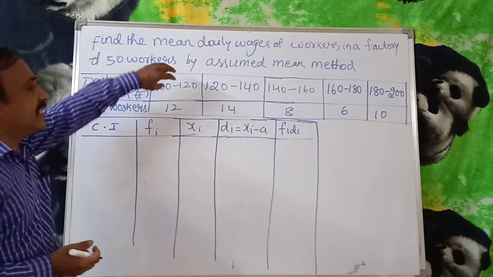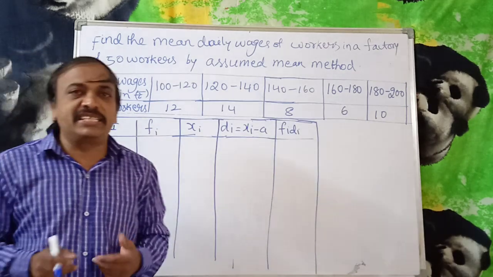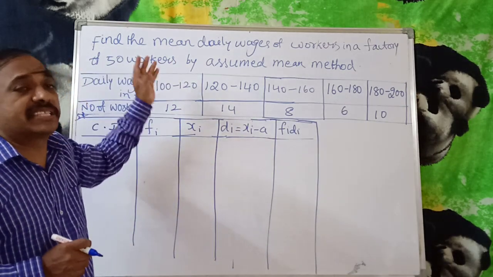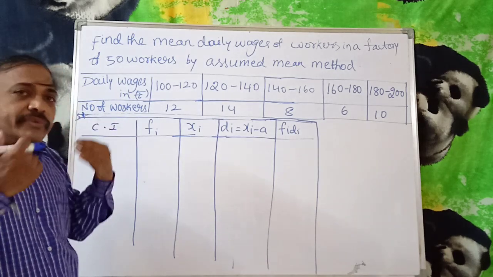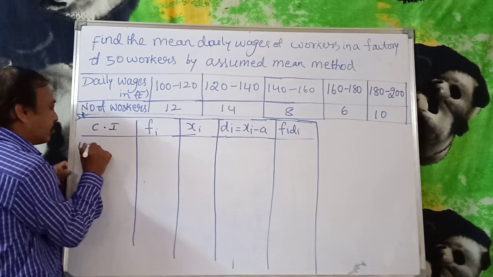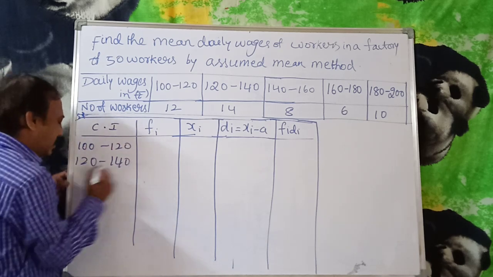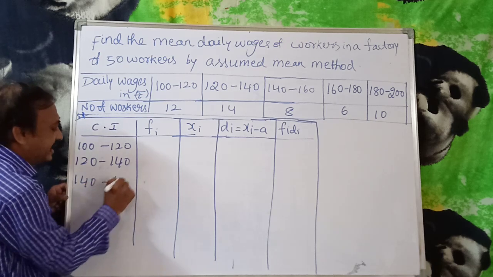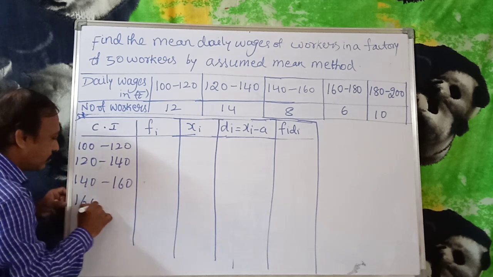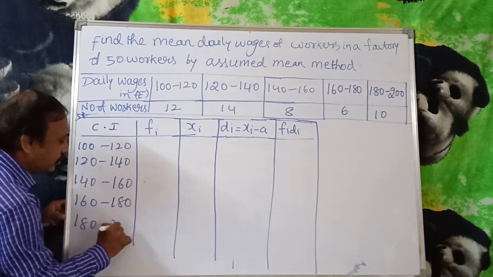This is the question, class intervals and frequencies. While finding the mean, these two columns, class intervals and frequencies, we need to copy. So class intervals 100 to 120, 120 to 140, 140 to 160, 160 to 180, then 180 to 200.